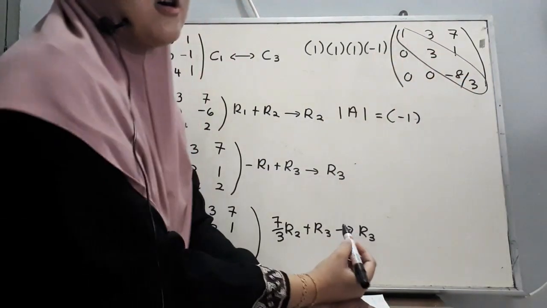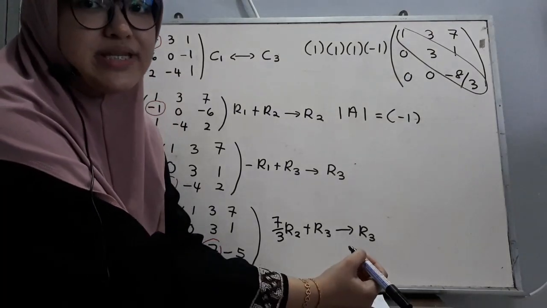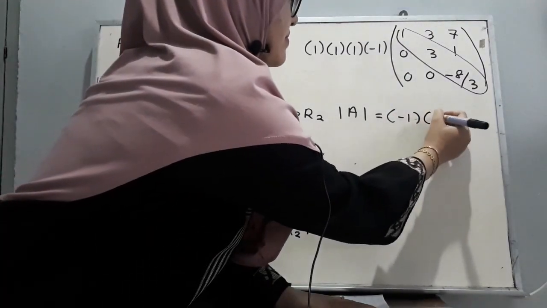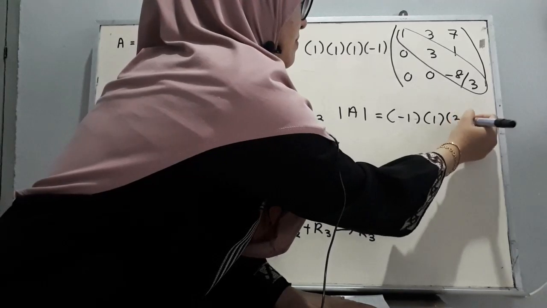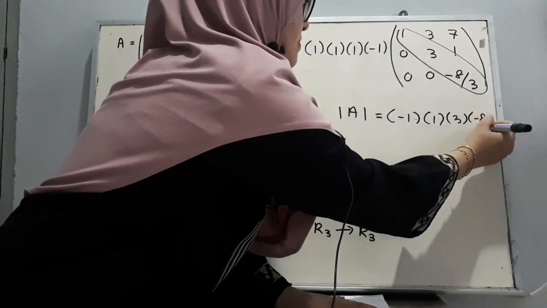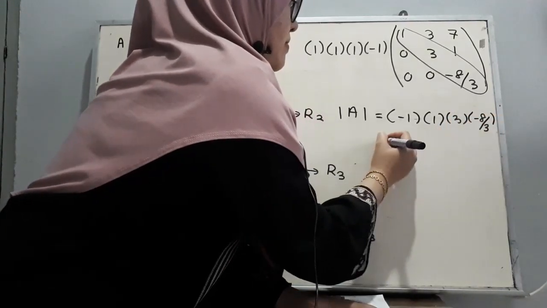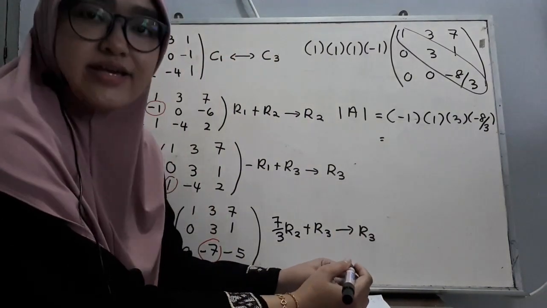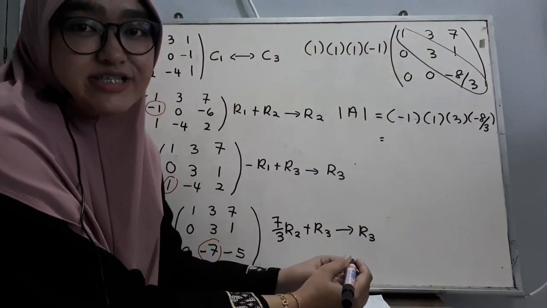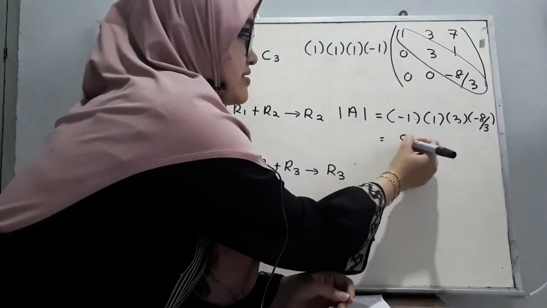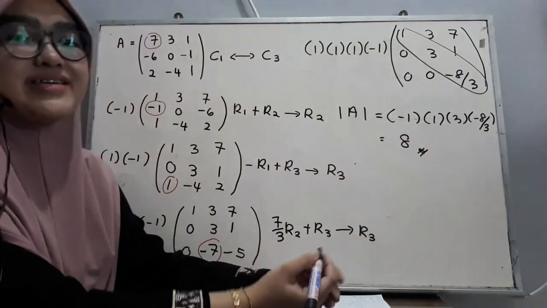Multiply by all the entries from main diagonal. And our final answer is equal to 8.